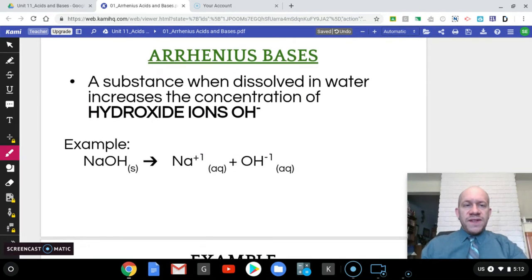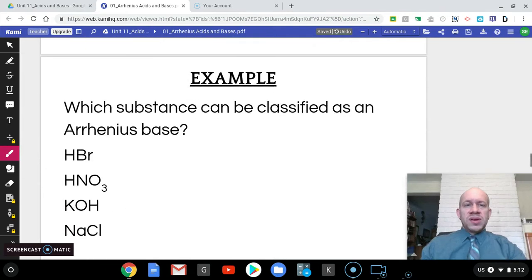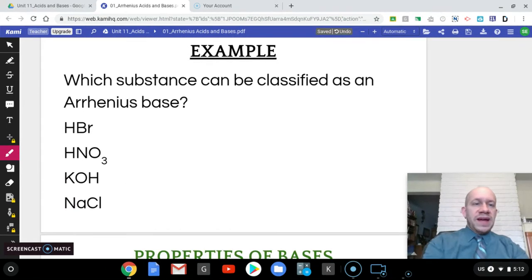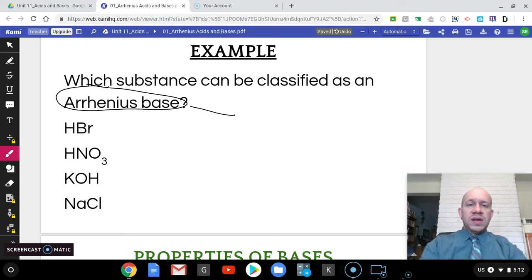Arrhenius bases are defined as a substance that, when dissolved in water, increases the concentration of hydroxide ions. So keep that in mind. So an example is sodium hydroxide. When it breaks into its two components, we increase our concentration of hydroxide. So the same question, which substance can be classified as an Arrhenius base? I'm looking for the one that will increase OH minus.